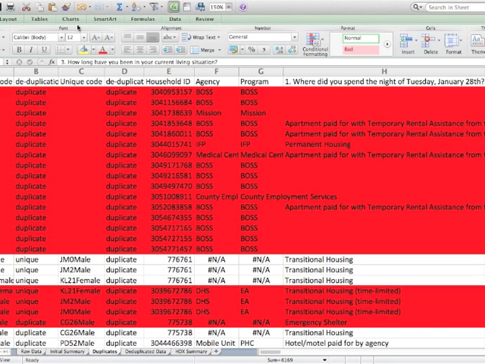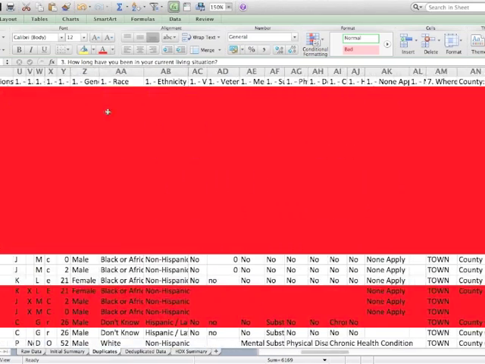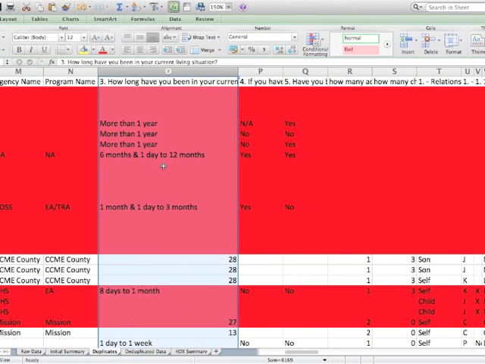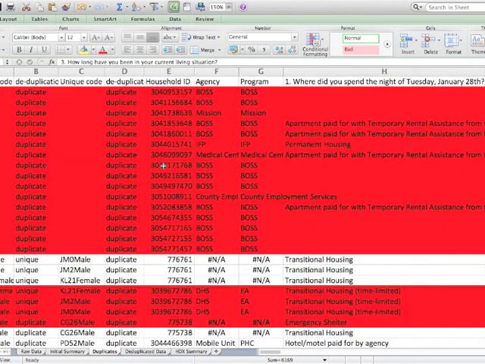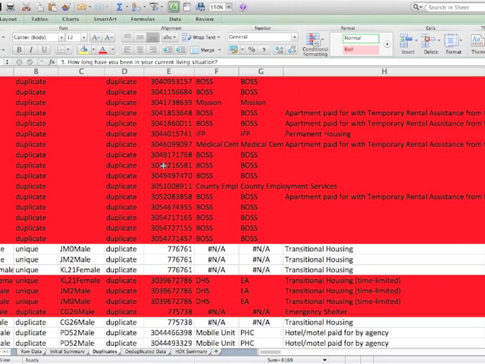And you can see the ones at the top here that are all in red don't have any identifying information, so we're not able to confirm that they're not a duplicate, so we deleted them. I will say most of them came from a permanent housing destination, or they didn't even answer where they stayed, so we wouldn't be able to classify them even if we did have some sort of identifying information for them.